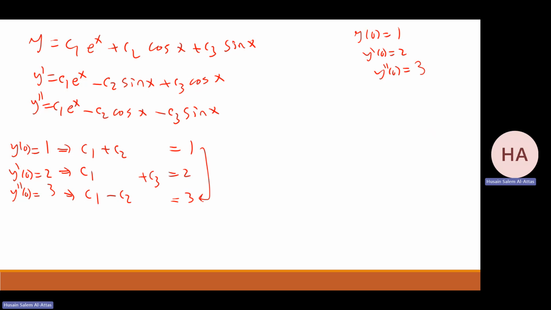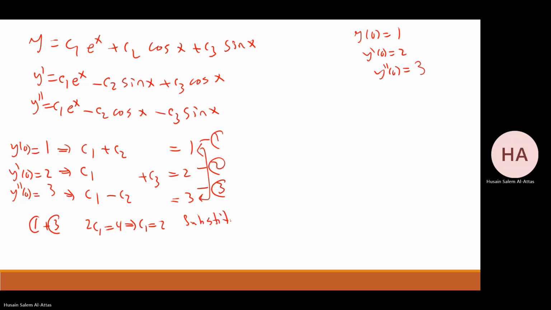So you can add these two. Let me call these 1, 2, 3. So 1 plus 3 gives me 2c1 equal to 4, so c1 equals 2. If c1 equals 2, substitute in 1 to get 2 plus c2 equal to 1.